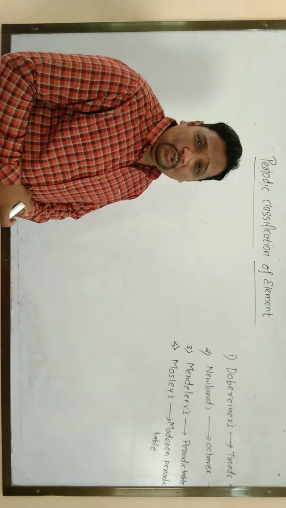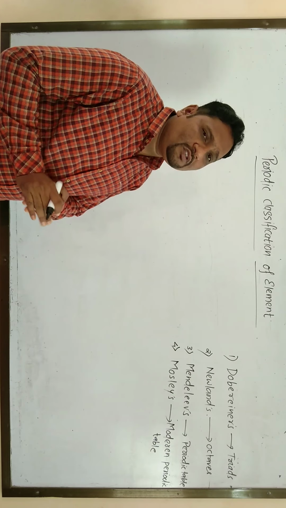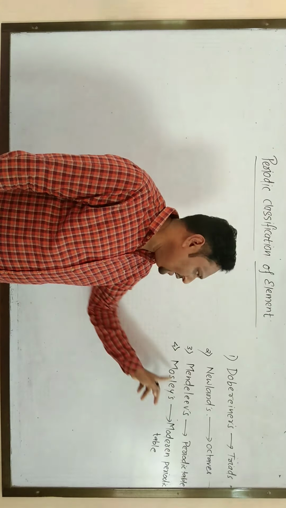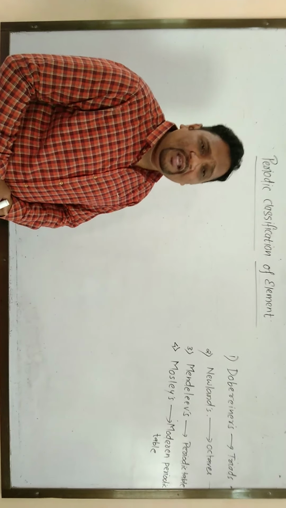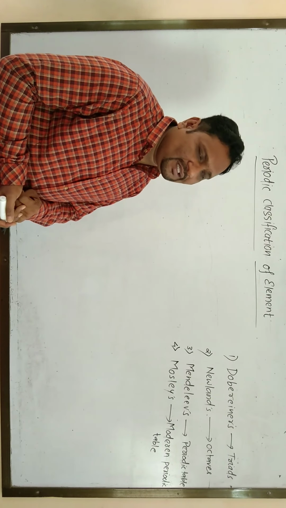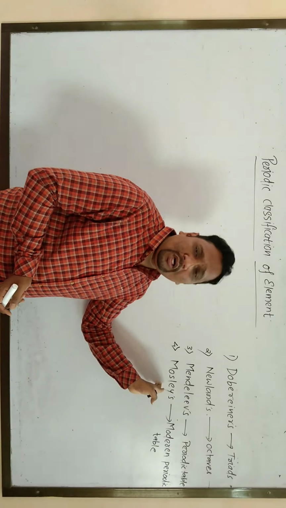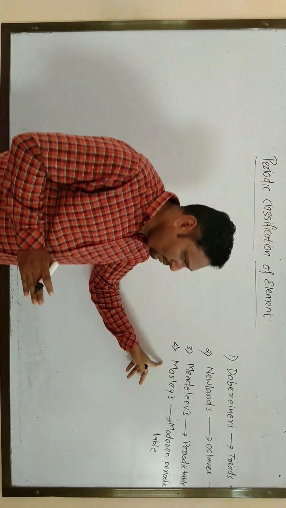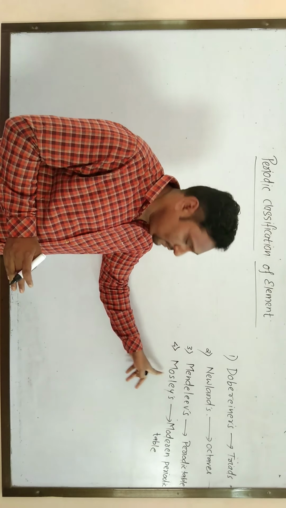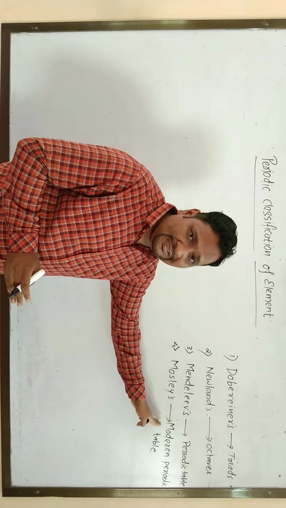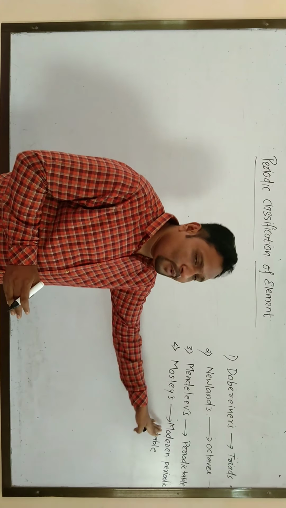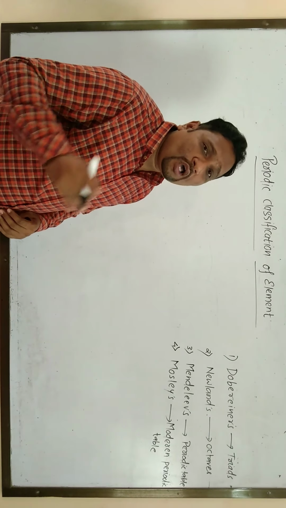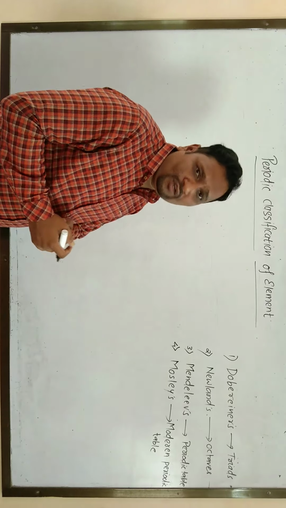Third, Mendeleev's periodic table, given by Dmitri Mendeleev. And Henry Moseley put forth the classification system on the basis of atomic number. I repeat, Henry Moseley gives the system in the form of atomic number and it is called the modern periodic table. Today we also call it the long form of the periodic table.